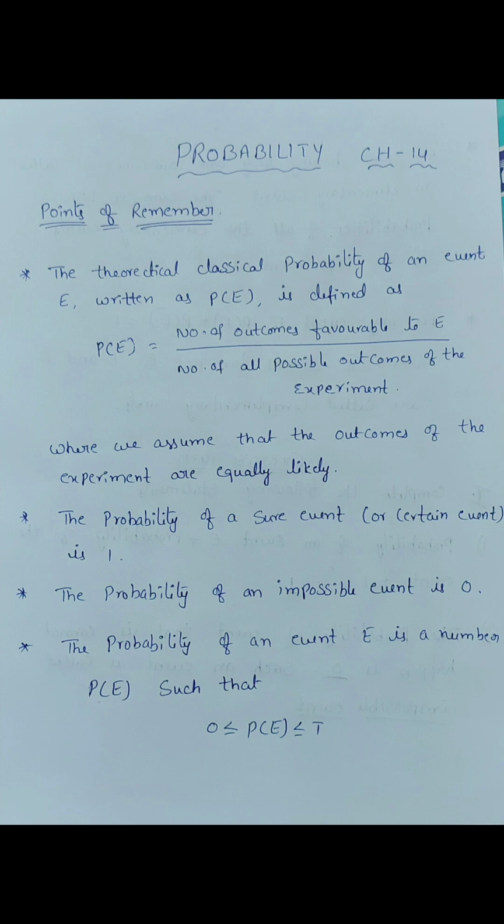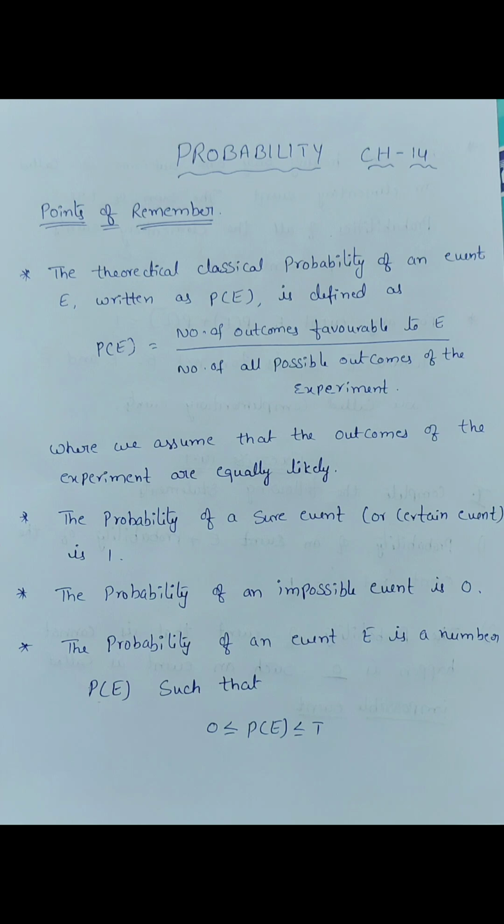In probability, first we have to remember these points. The theoretical probability of an event E, written as P(E), is defined as P(E) equals the number of outcomes favorable to E divided by the number of all possible outcomes of the experiment, where we assume that the outcomes of the experiment are equally likely.